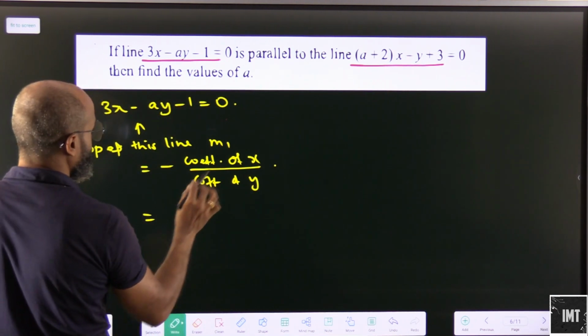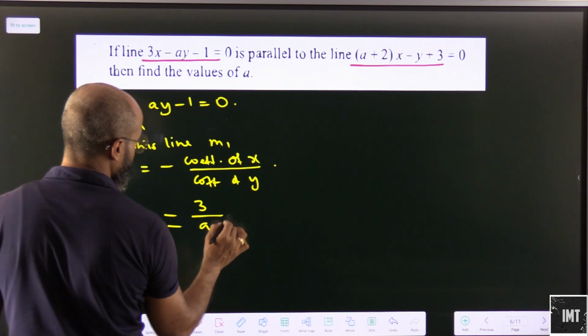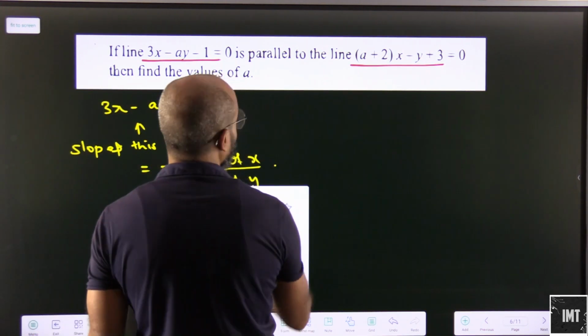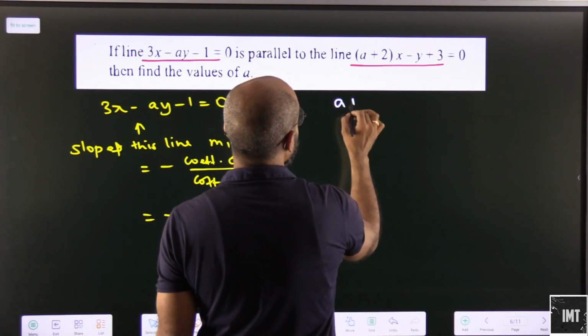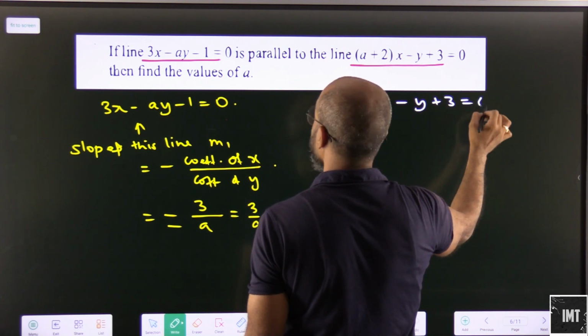So minus 3 upon minus a, that's going to be 3 by a.